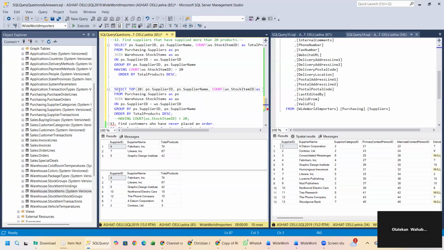Yes. From our supplier list, let's look at it. We have only 13 records. So let me put top 5 here and see.